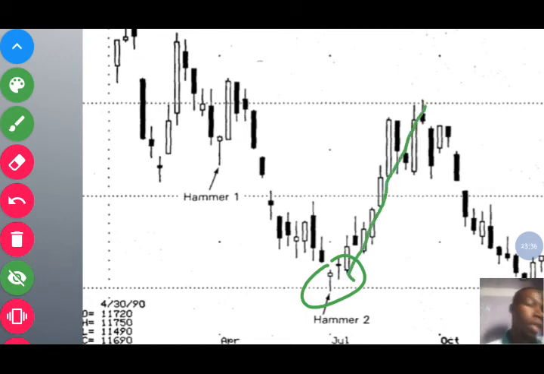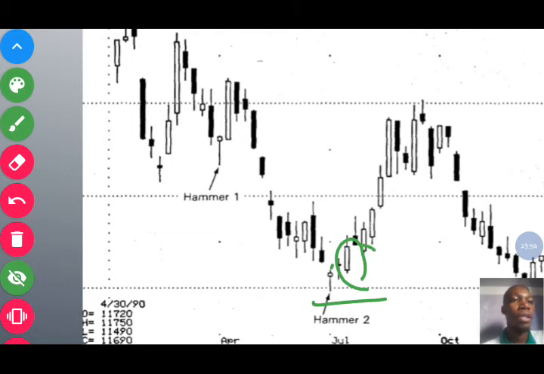So that's how to use all these patterns. And when the pattern forms, you can also wait for a confirmation bullish candlestick before you enter your trade, so that your stop loss goes down here. Then you wait, and you trade the market up.